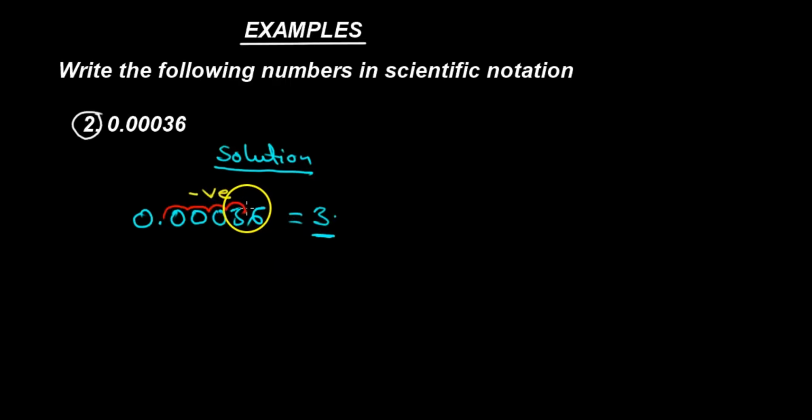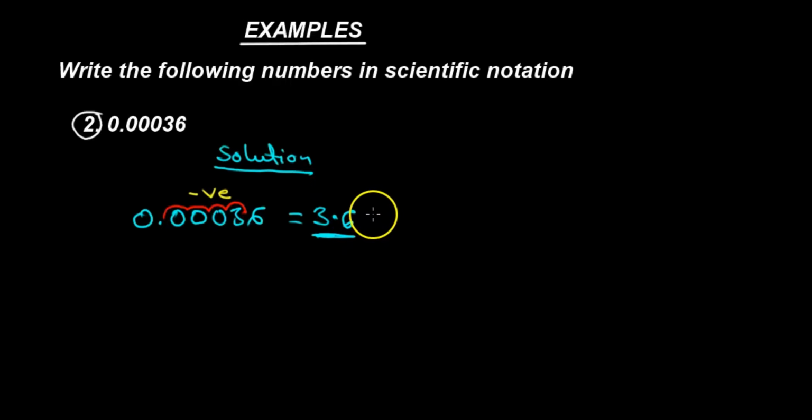If I move to this point, I would get 36. 36 is greater than 9 and it will not make my answer scientific notation. So I end here and get 3.6. And this value is less than 9.